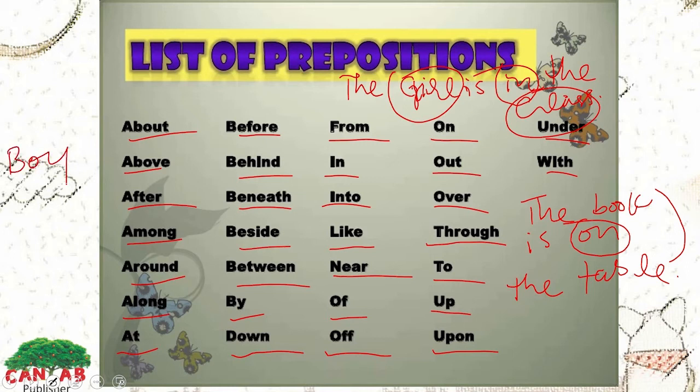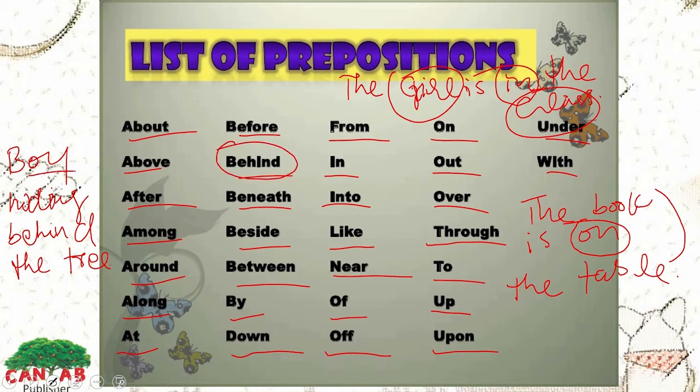Boy hiding behind the tree. Here I used this preposition. Boy hiding behind the tree. Boy and tree are two nouns here and behind is our preposition here. दरख्त के पीछे क्या है? लड़का छुप रहा है.